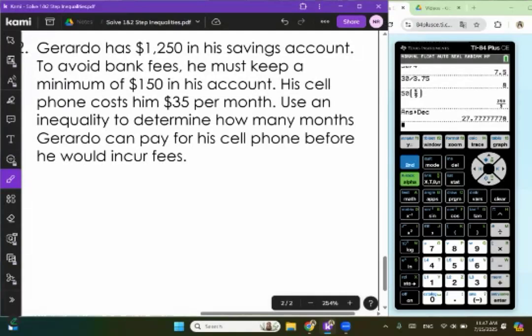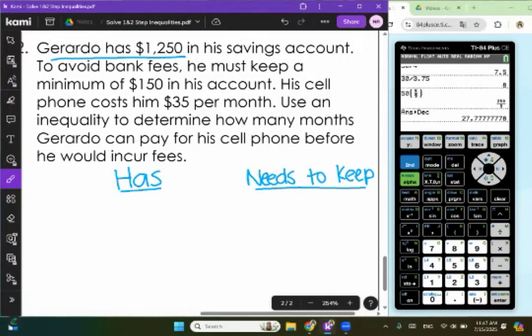So Gerardo has a certain amount of money. To avoid bank fees, he must keep a minimum. Okay. All right. So Gerardo has 1,250.